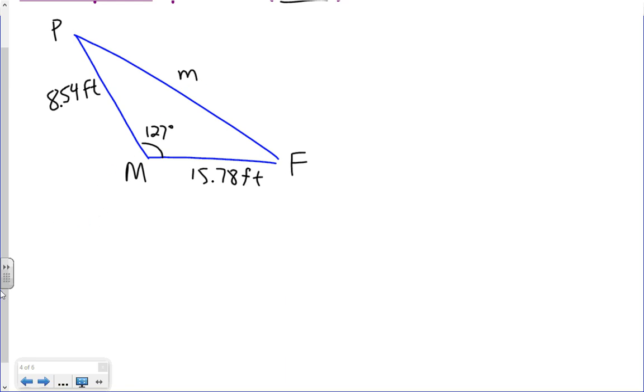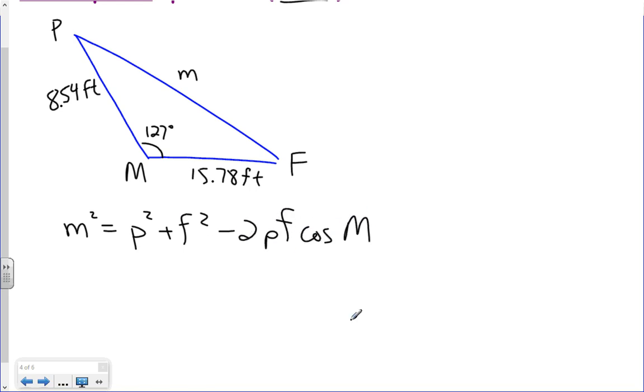So it's going to be M squared is equal to P squared plus F squared minus 2 times P times F times the cosine of angle M. All I've done is taken the law of cosines and replaced it with the names of the side lengths and the vertices in this triangle. So let's write down what we know.